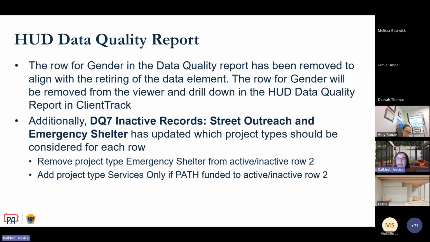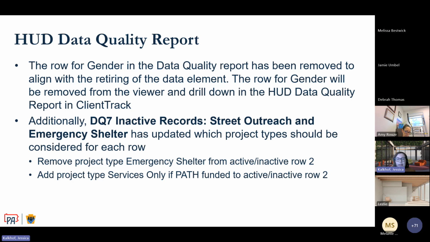Okay, so our HUD data quality report. The row for gender in the data quality report has been removed to align with the retiring of that data element. The row for gender will be removed from the viewer and drill down in the HUD data quality report and ClientTrack.